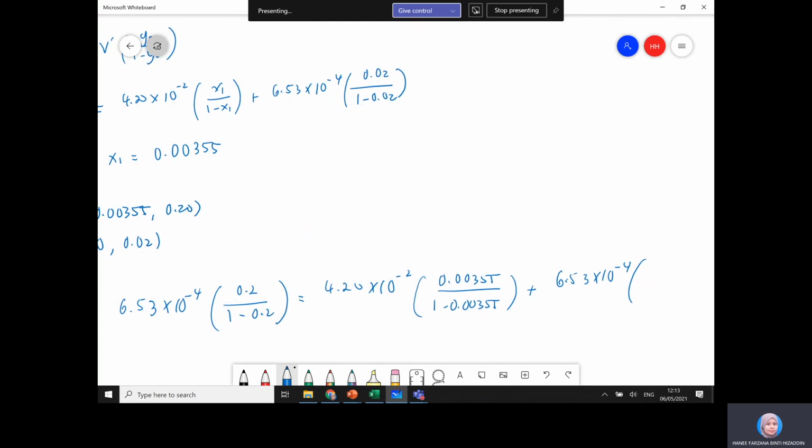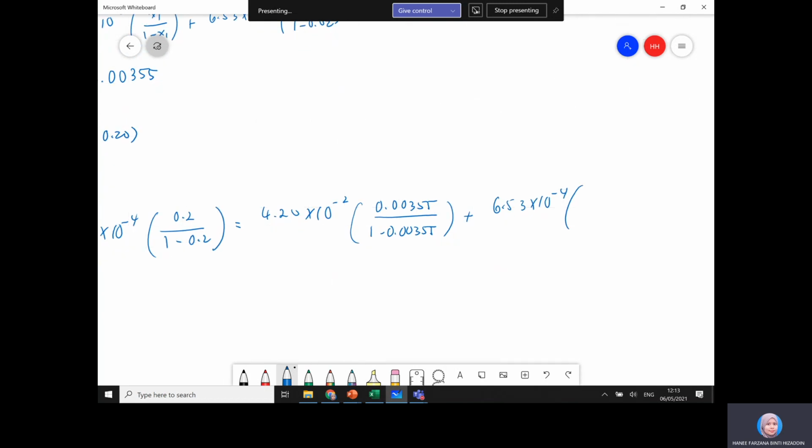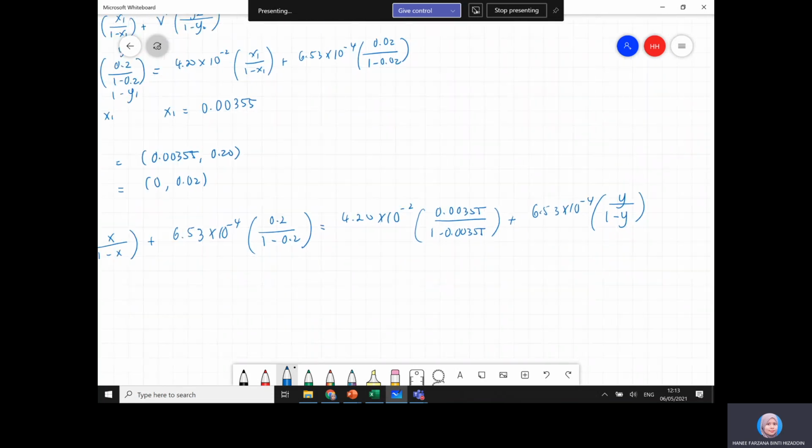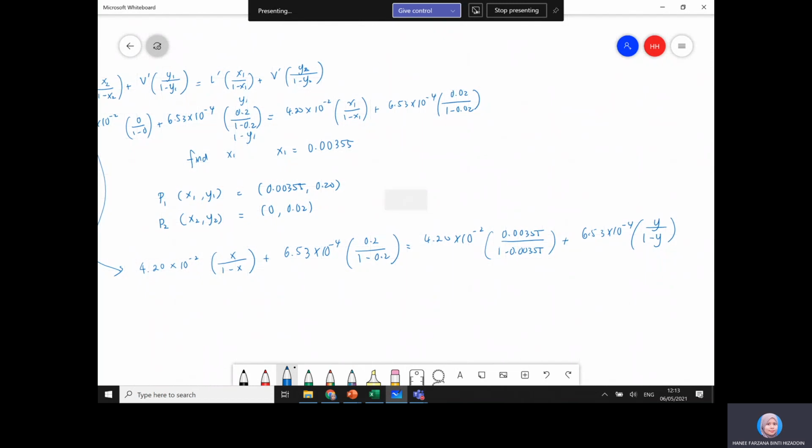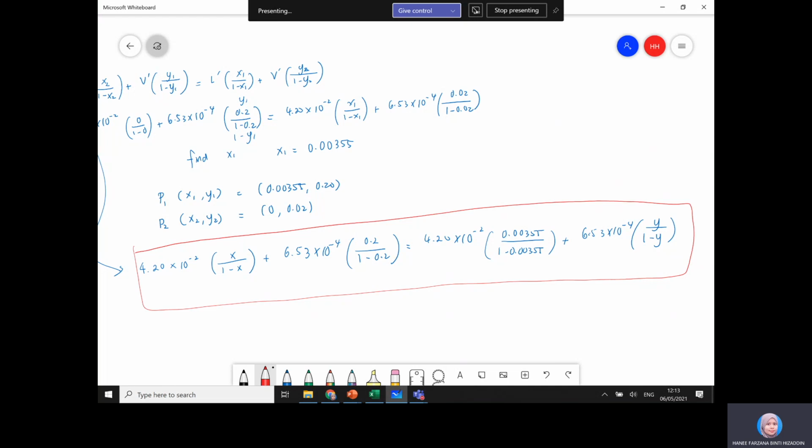And instead of X2 and Y2, because we are talking about somewhere in the middle of the tower, we just put Y and 1 minus Y. So this would be your general equation for the operating line, to get some points of X and Y somewhere in the middle of the tower.